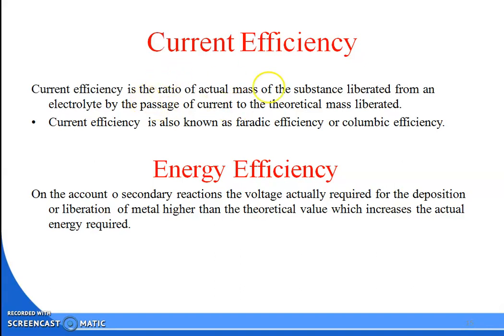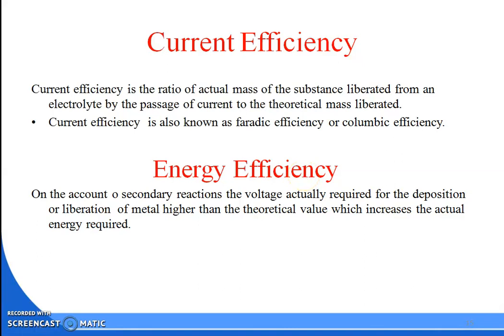That means actual mass of a substance divided by theoretical mass. The current efficiency is also known as Faradic efficiency or Coulombic efficiency. All three are the same.